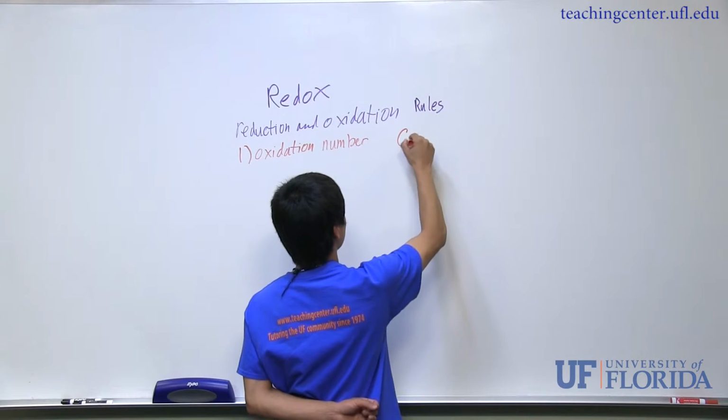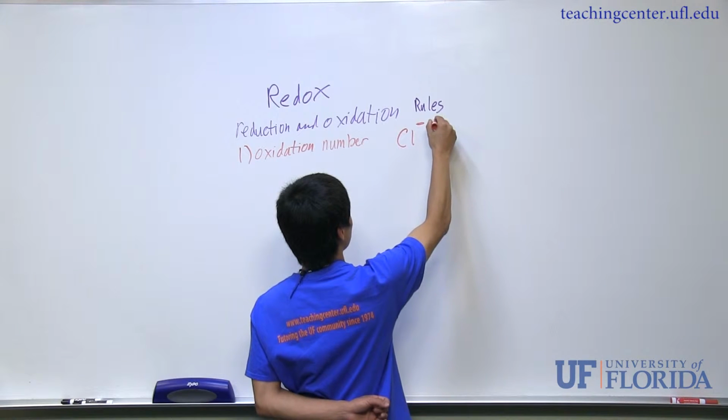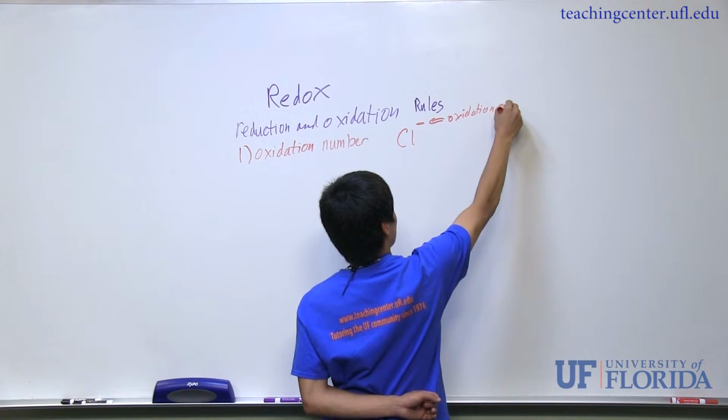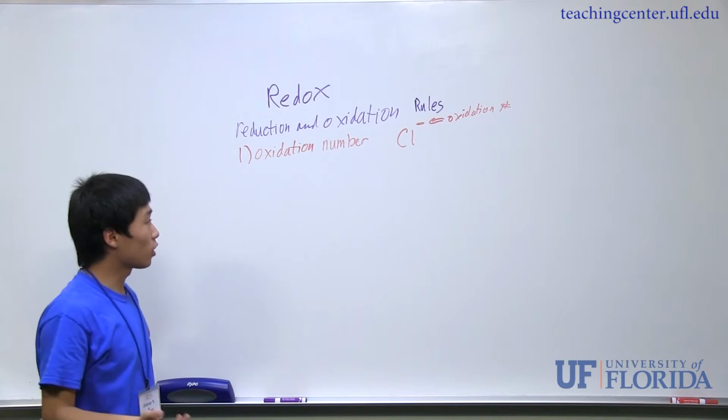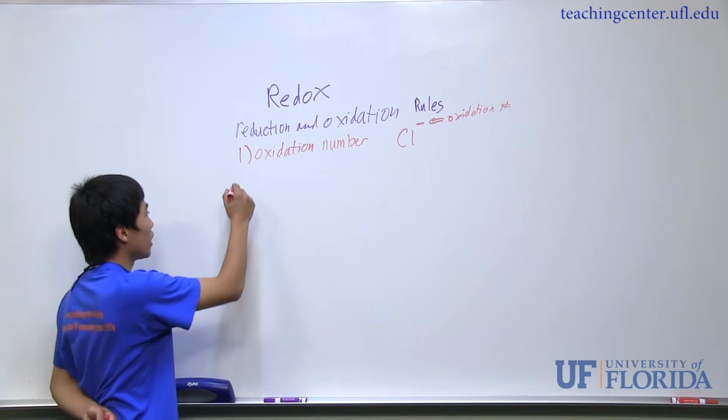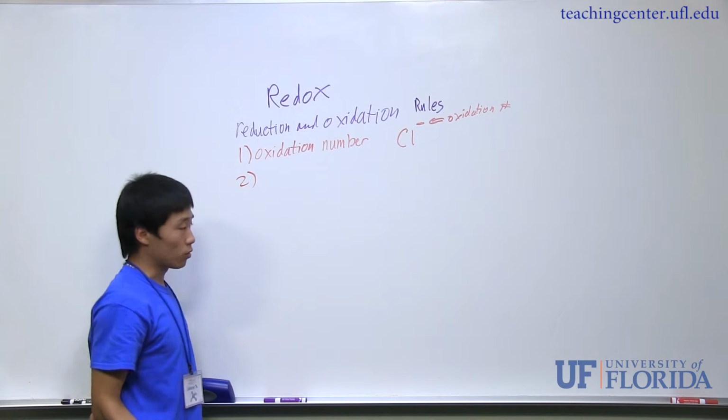For instance, if I see Cl-, this is the oxidation number, which is just a -1 charge. You most likely remember this from class, so I'm not going to spend much time on that. But here are some of the rules for you to remember.